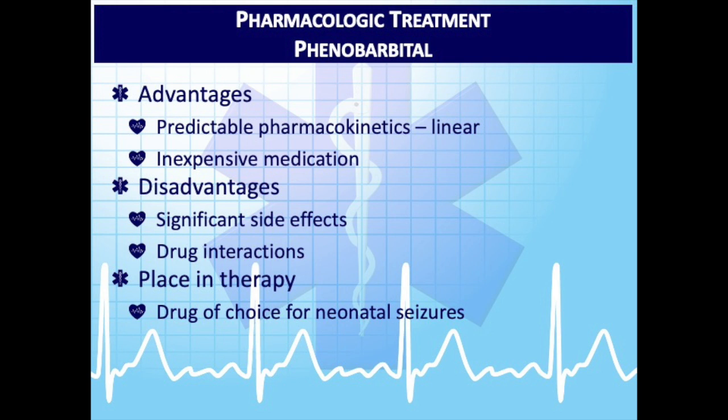It's pretty easy as far as kinetics. The place in therapy, where you'll see it used most often, is for neonatal seizures. Otherwise, you'll see other drugs, and I'll be talking about that in a minute.